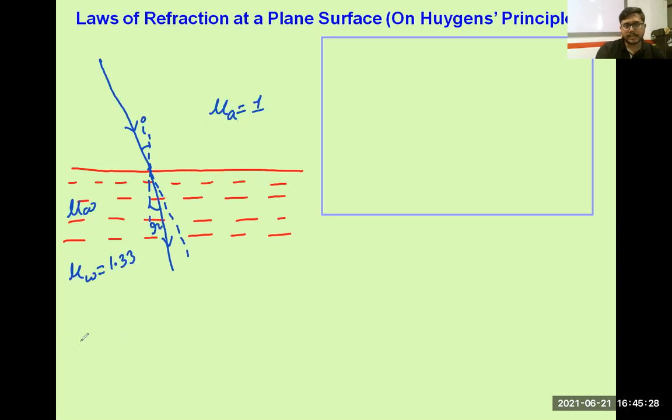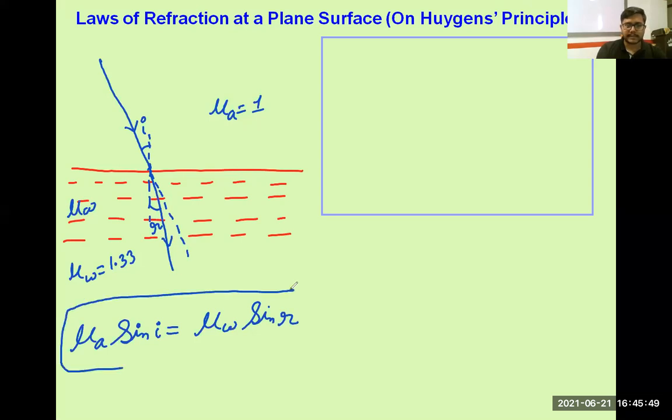Snell's law says that mu of air multiplied by sine i will be equal to mu w into sine r. This is called your Snell's law.